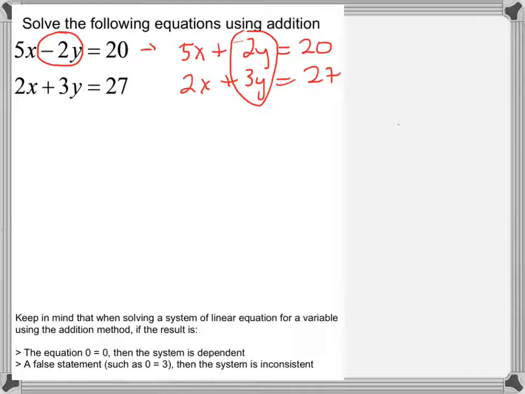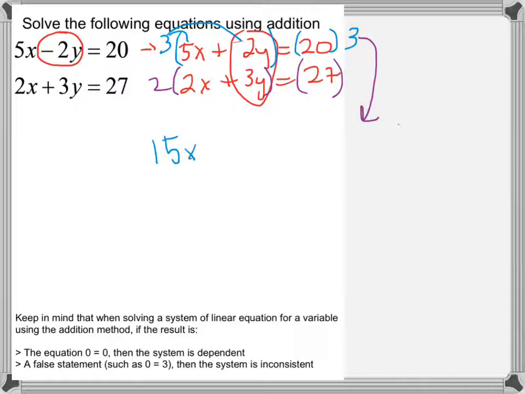What I'm going to do is multiply the top equation by 3 on both sides, and I'm going to multiply the bottom equation by 2 on both sides. Okay? So if I take the top equation and multiply it by 3, remember the 3 distributes in, so it would be 15x plus negative 6y is equal to 60.